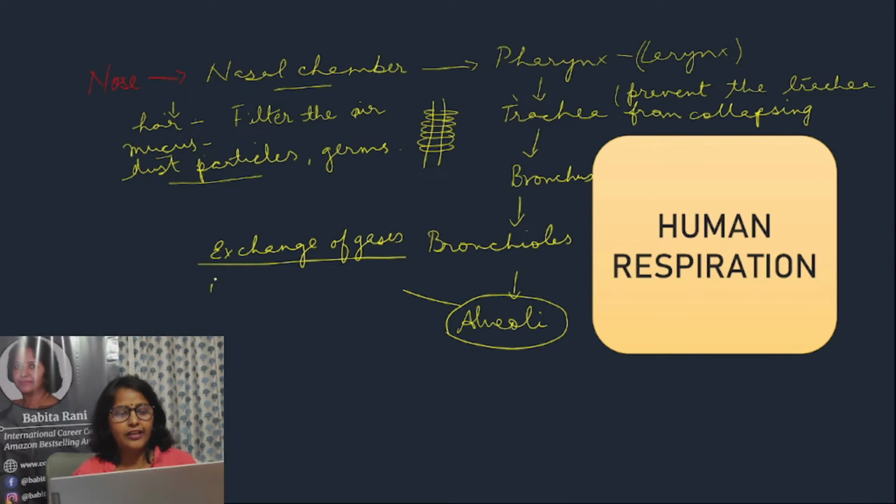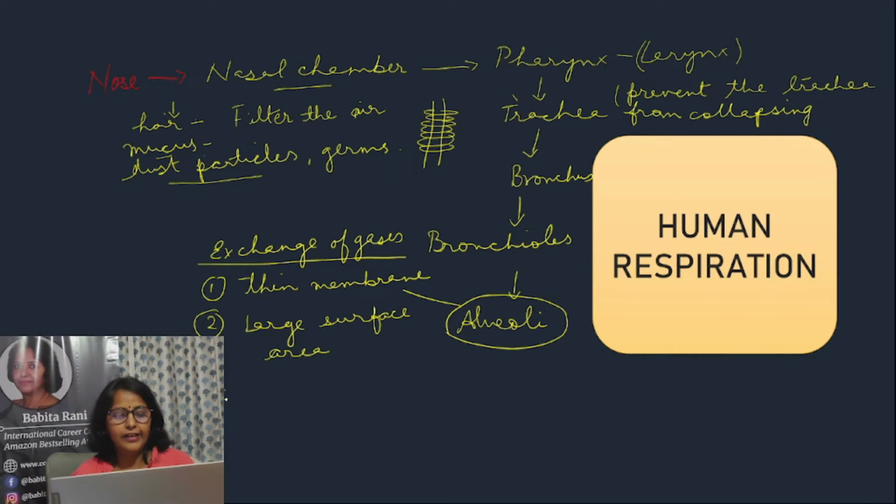And what are the different things required for exchange of gases to take place? It should have a very thin membrane, so proper diffusion can take place. Another one is it should have a large surface area, and for having a large surface area, this is a highly coiled structure.